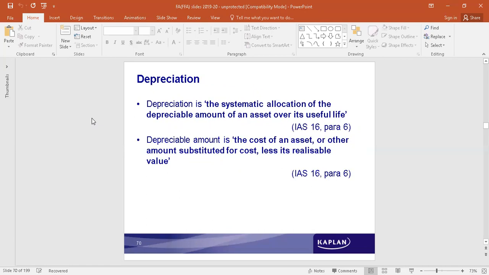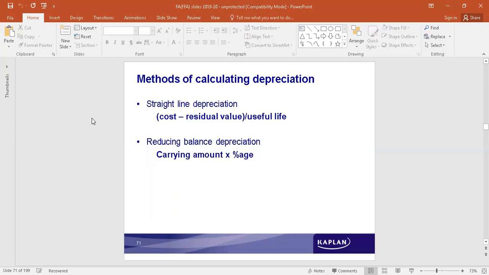What is depreciation? The definition that is given according to IAS 16 says that it is the systematic allocation of the depreciable amount over its useful life. So the meaning of depreciation, the reason why depreciation is provided, we did understand. According to your syllabus, there are two methods, but otherwise there are other methods also.